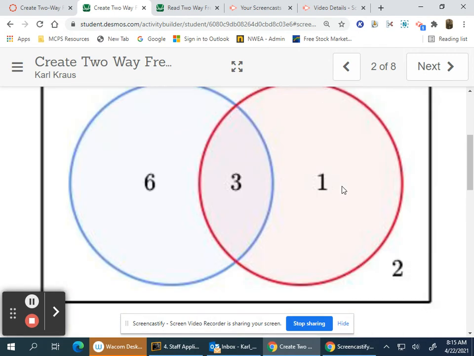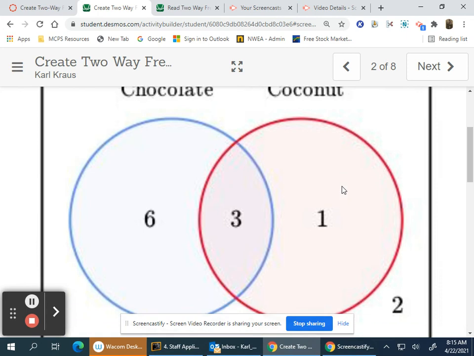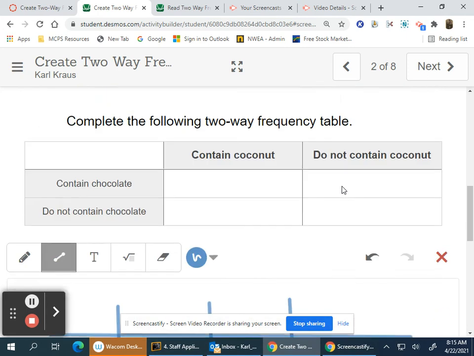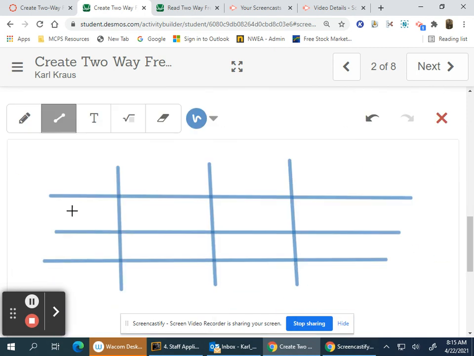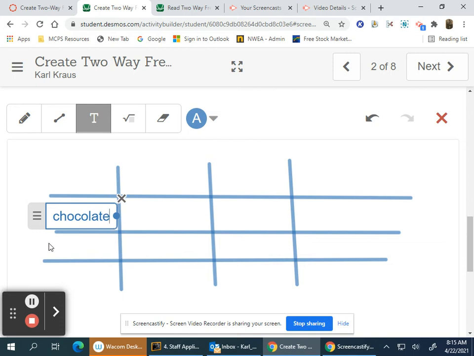And then what you want to do is put this in here. So chocolate, not.